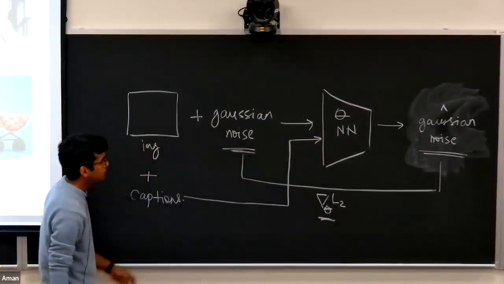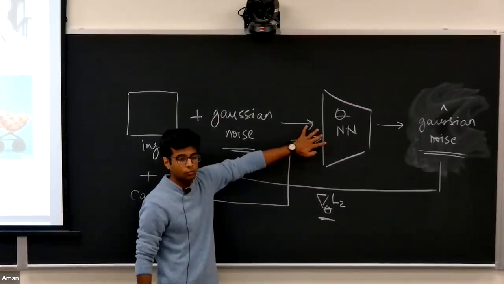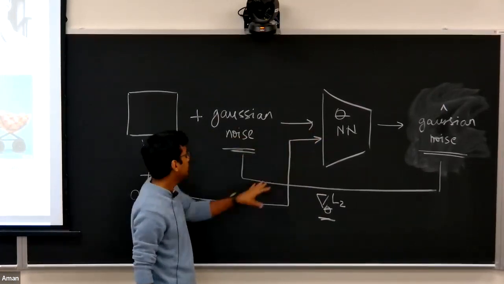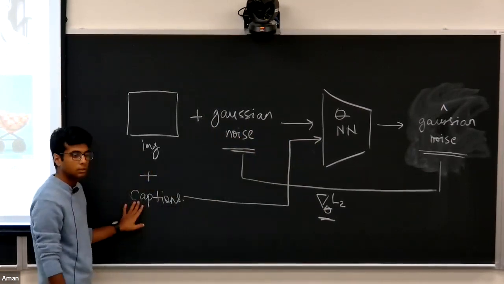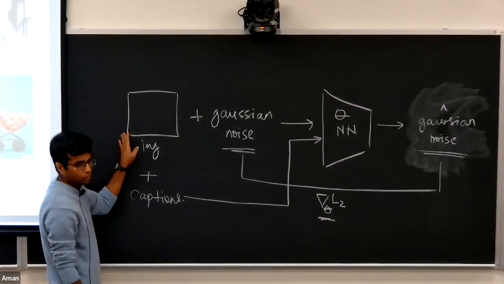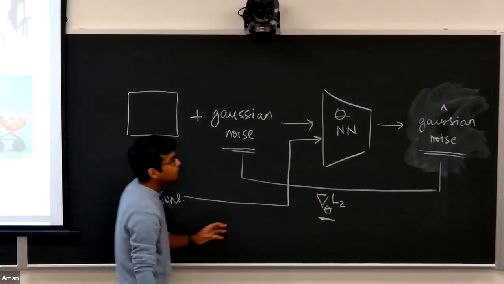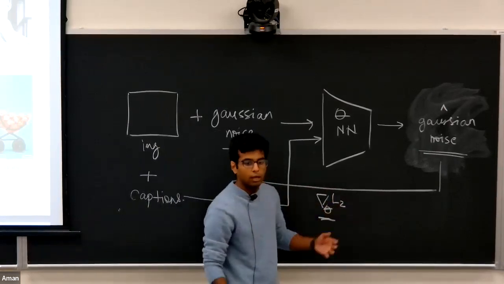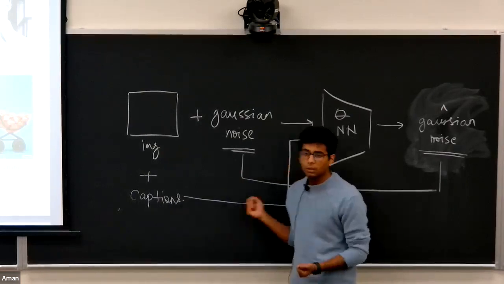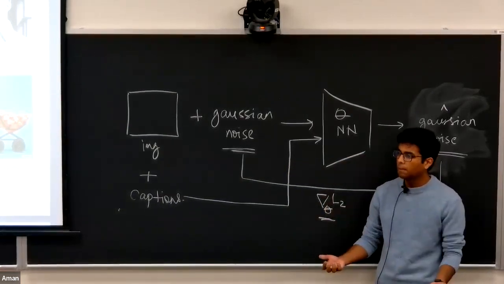So in addition to this neural network model getting a noised image from the noising process, it also takes the captions that go with that image. If there is an image of a dog, the caption could just say that this is a picture of a dog. And then the neural network model, in addition to having a noised version of that image, also takes in the caption and denoises the image by taking the caption into account, right?